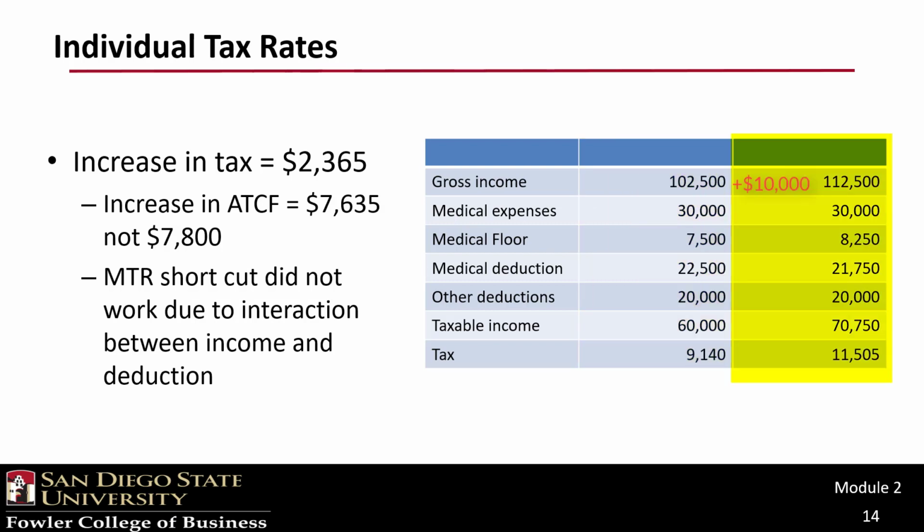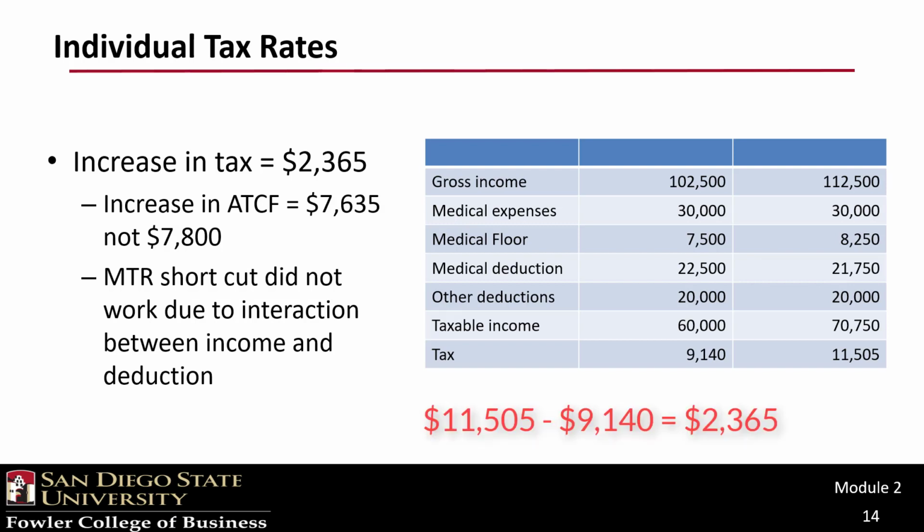But if instead we look at the additional $10,000 of income, what happens is medical expenses are subject to a higher floor because 7.5% of AGI has increased. As a result, the amount of the medical deduction has decreased by $750. As a result, the tax yields $11,505.